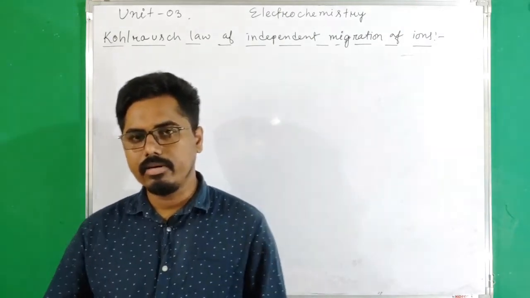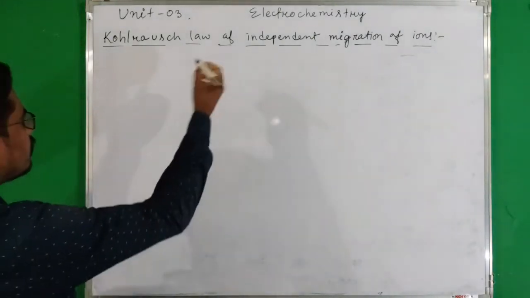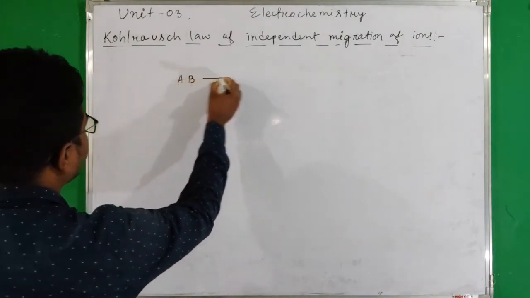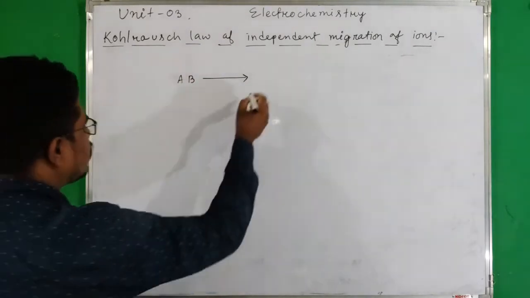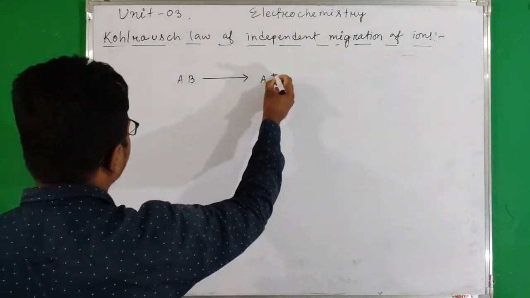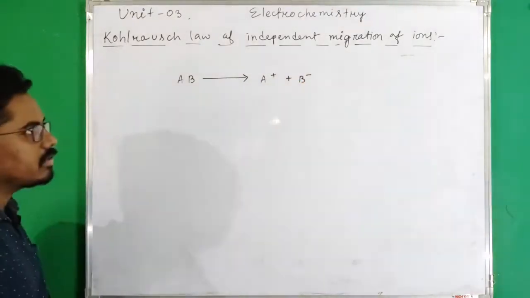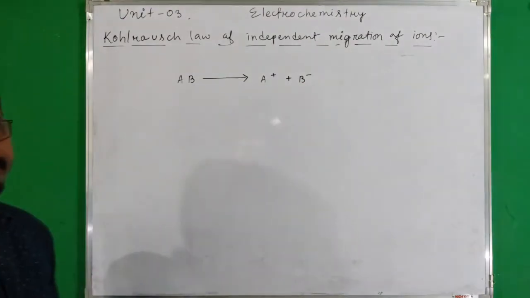According to this law, the limiting molar conductivity of an electrolyte is always equal to the sum of the limiting molar conductivity of the individual cation and anion.